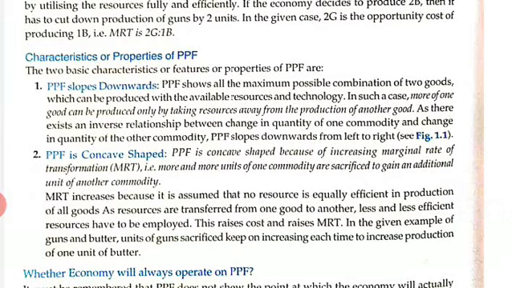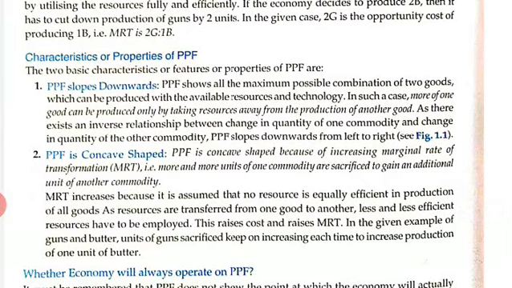Why does MRT increase? MRT increases because it is assumed that no resource is equally efficient in the production of all goods. As resources are transferred from one good to another, less and less efficient resources have to be employed. This raises cost and raises MRT.